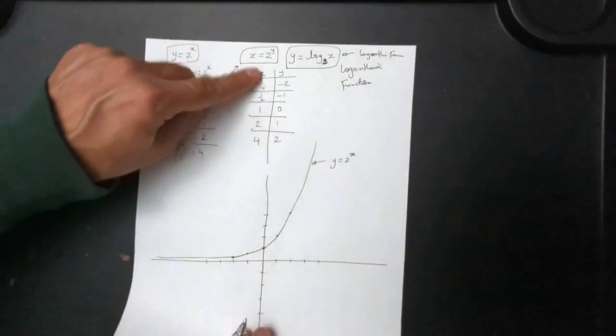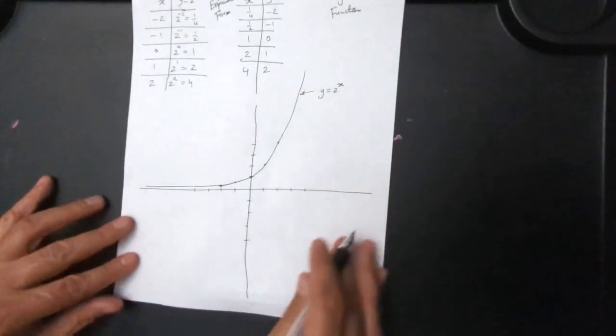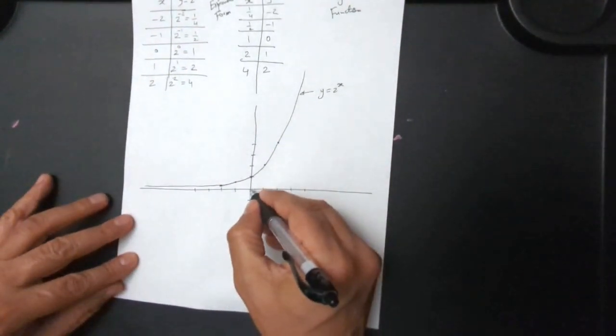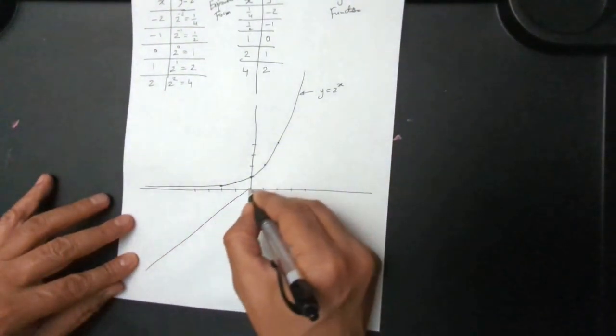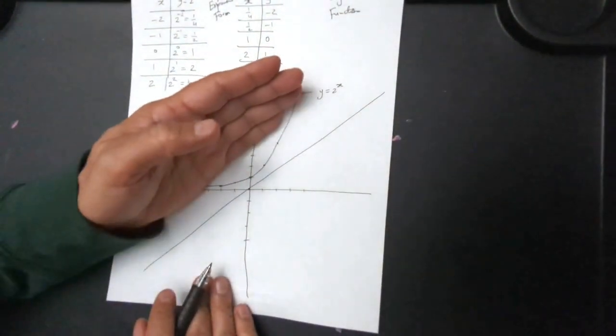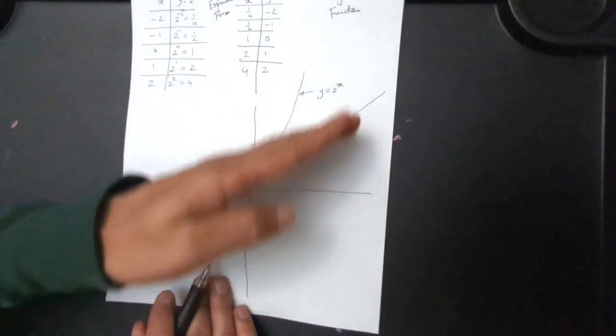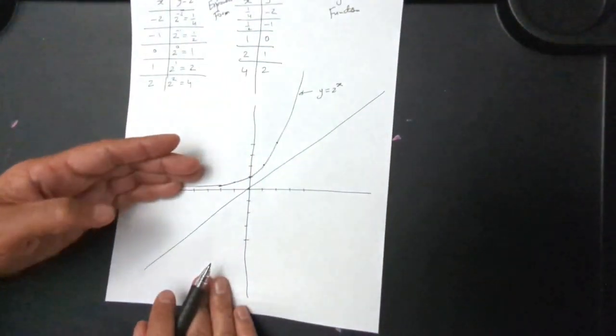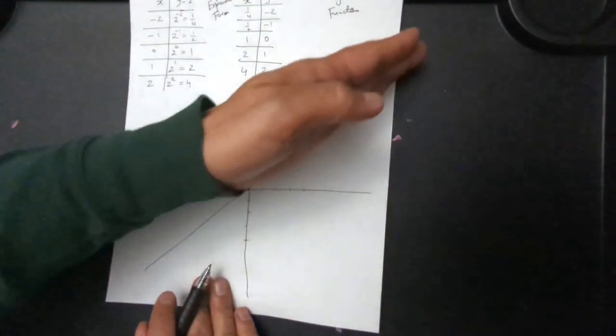So again, if we plot this, it's going to look like this, and the same relationship is going to hold. We draw the y equals x line, and the inverse of this function is going to be a mirror image of this curve in this line.